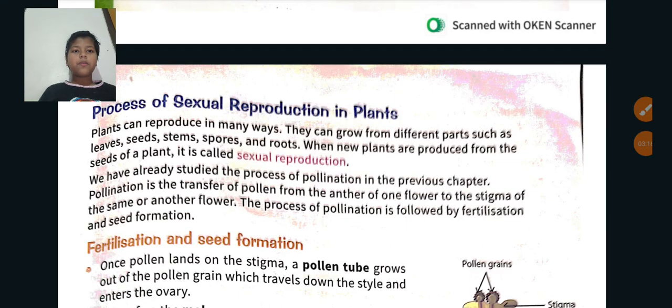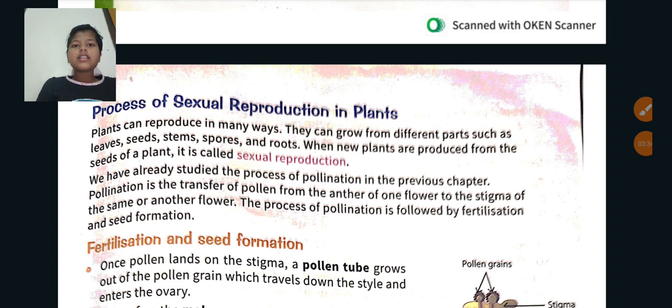Process of sexual reproduction in plants. Plants can reproduce in many ways. They can grow from different parts such as leaves, stems, spores and roots. When new plants are produced from the seed of a plant, it is called sexual reproduction. So what does this tell us?